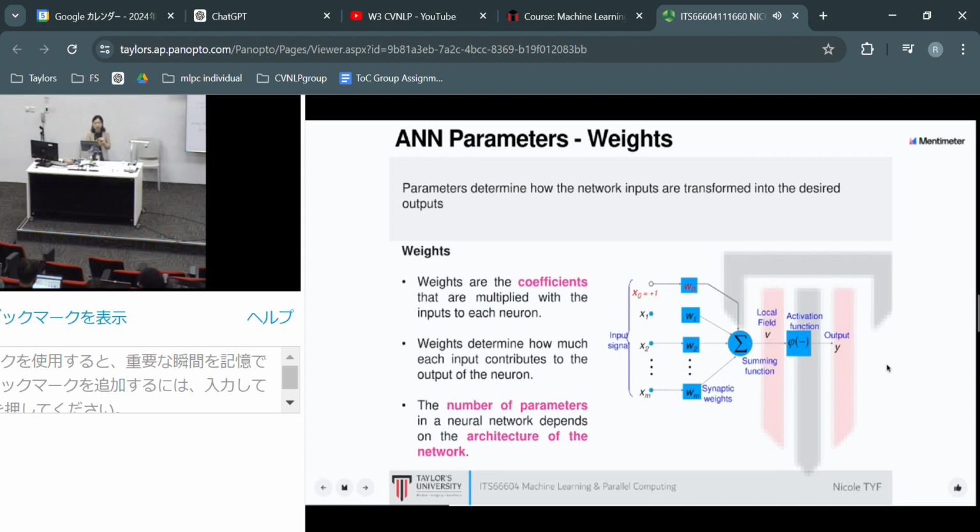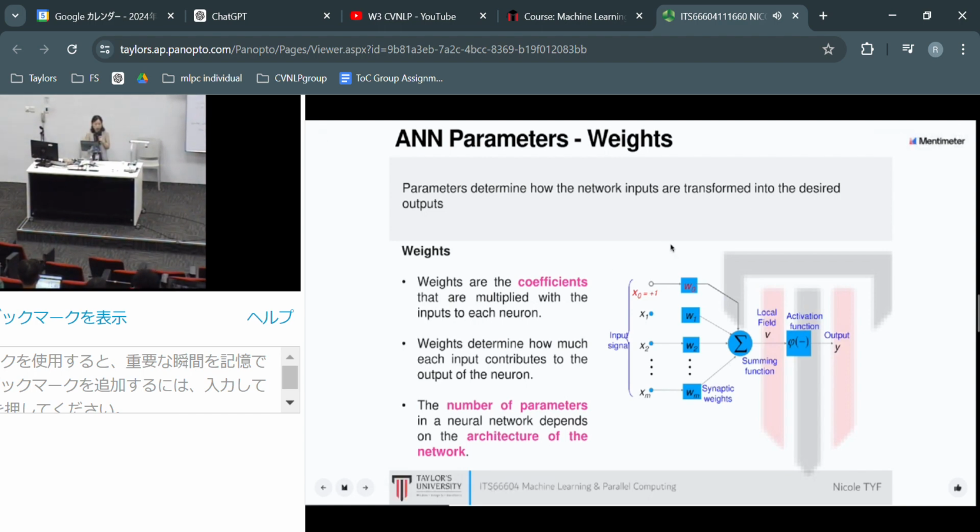Those who have already done CV or NLP will know that oftentimes we talk about these weights in transfer learning. We are transferring the weights. And so now you know exactly what these weights are. They are coefficients that represent how important a particular feature is within the data structure in its correlation to our output. These weights are the coefficients that are multiplied by the input to each neuron.